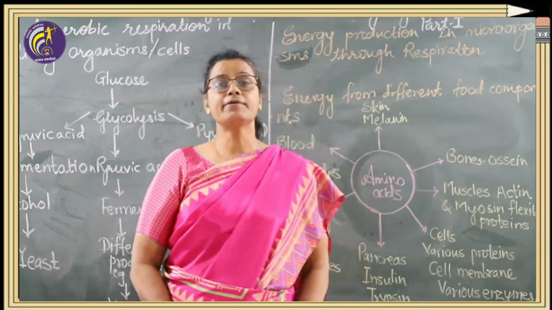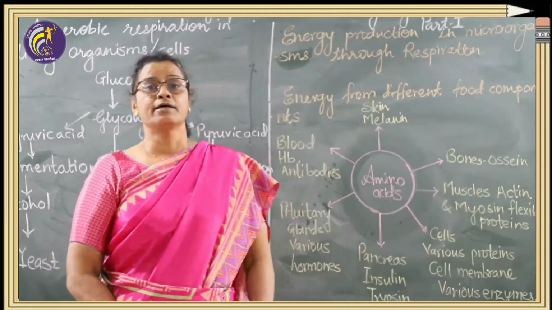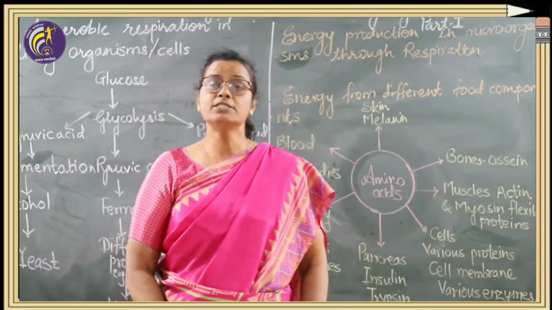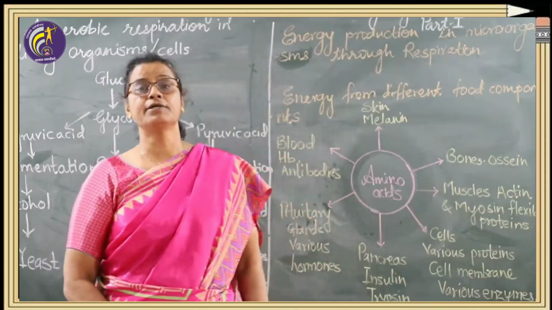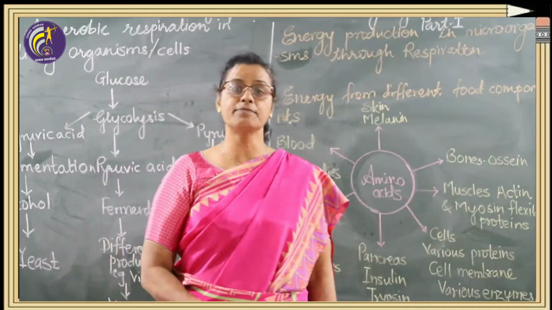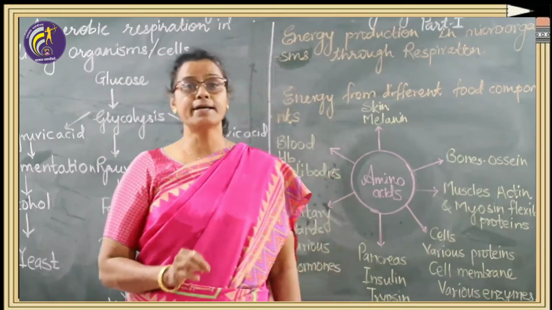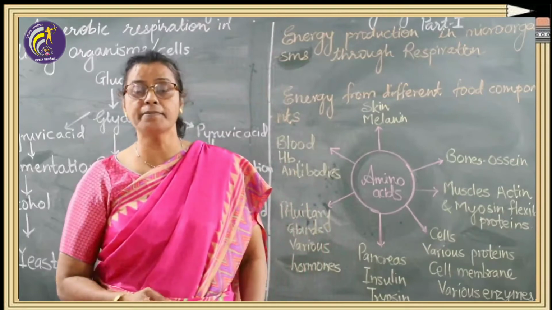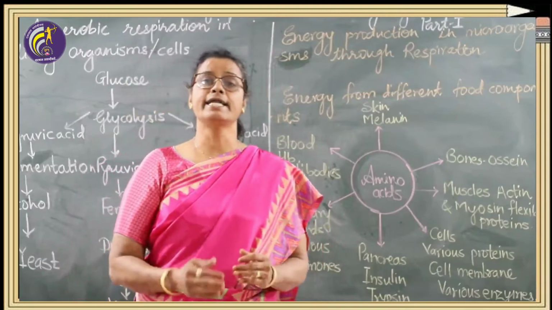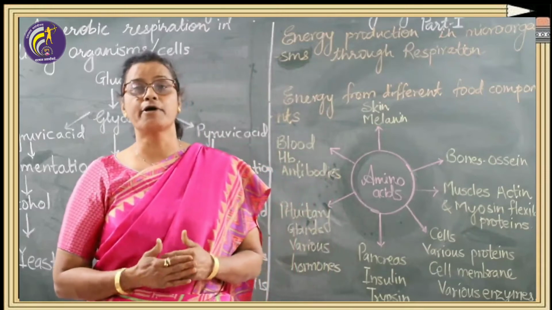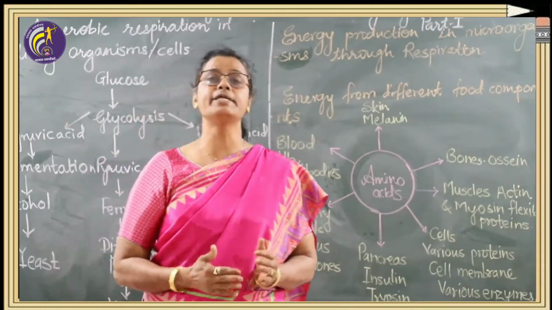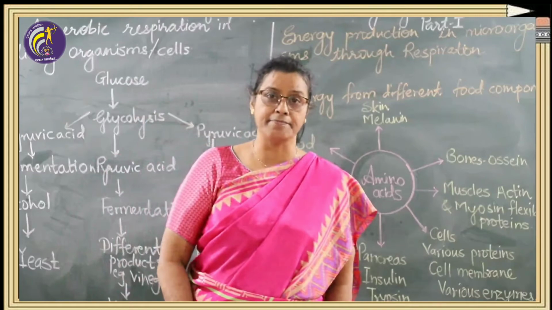When these amino acids are carried by means of blood to the various parts of our body, to each and every cell of our body, they are absorbed in those parts, and utilized for formation of different proteins in our body.